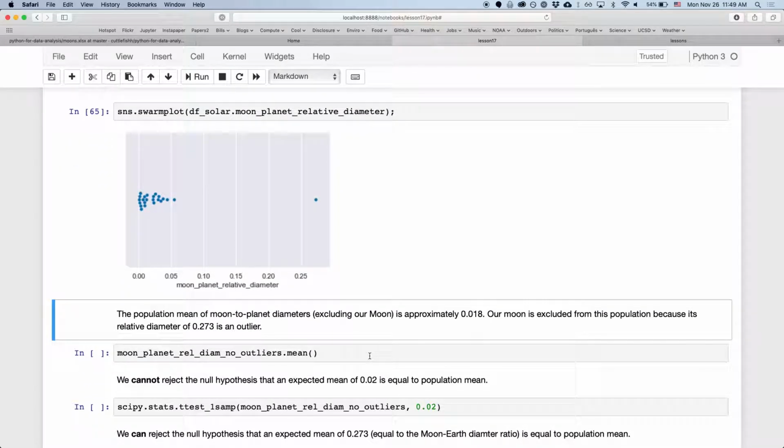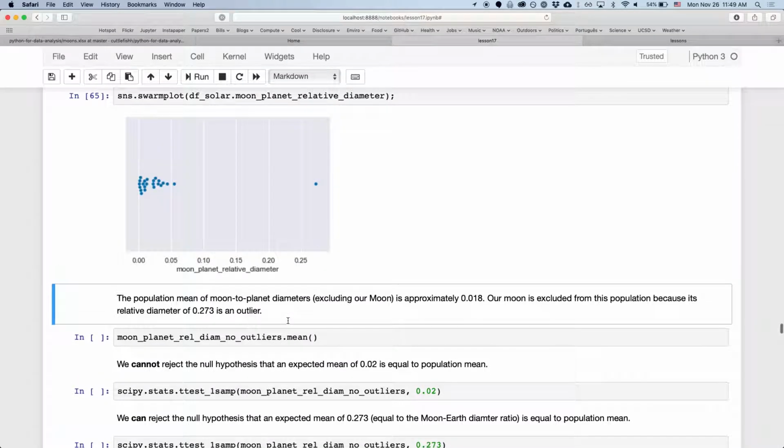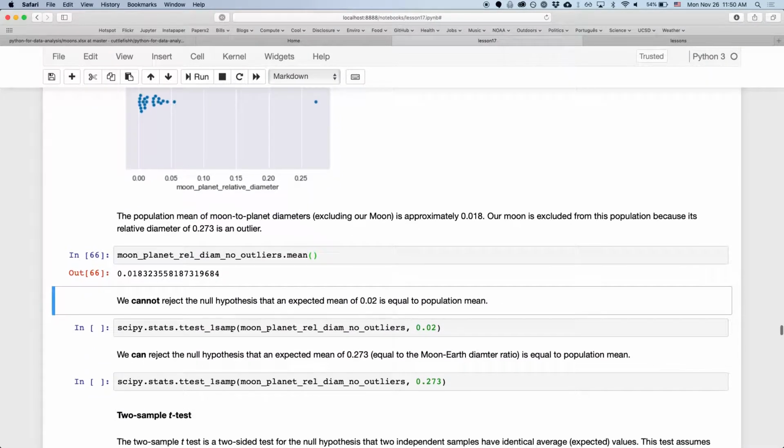We're going to see if the value here is significantly different from the mean here. It should be, right? But let's just check. The population mean of moon to planet diameters here is about 0.018. And we know that the moon is an outlier, so we're not going to include that in the mean.